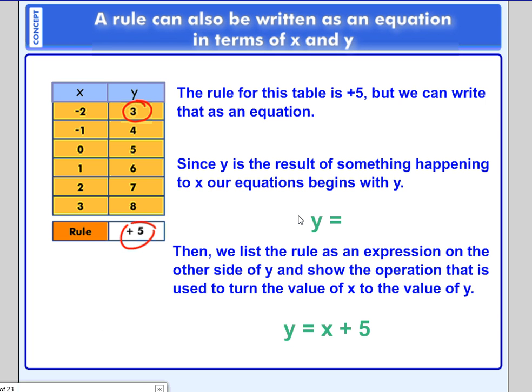And what you can do by finding the rule and writing it as an equation is much easier to find unknown values. So for example, on this one, if I replaced this function into my equation, I would have 4 equals -1 plus 5. And that's a true statement, so I know that that matches my function.